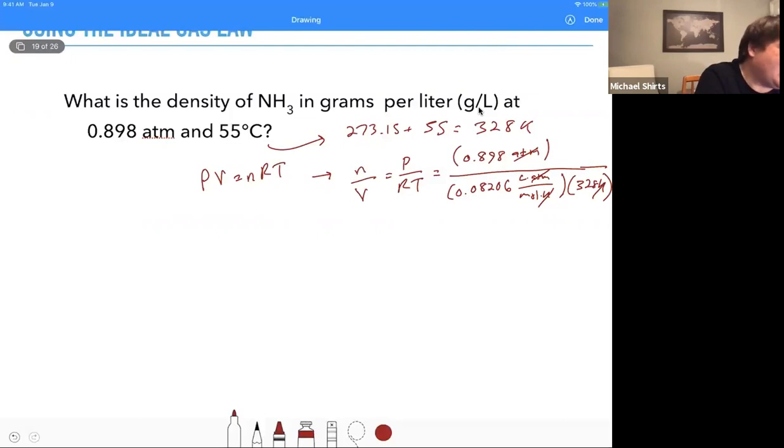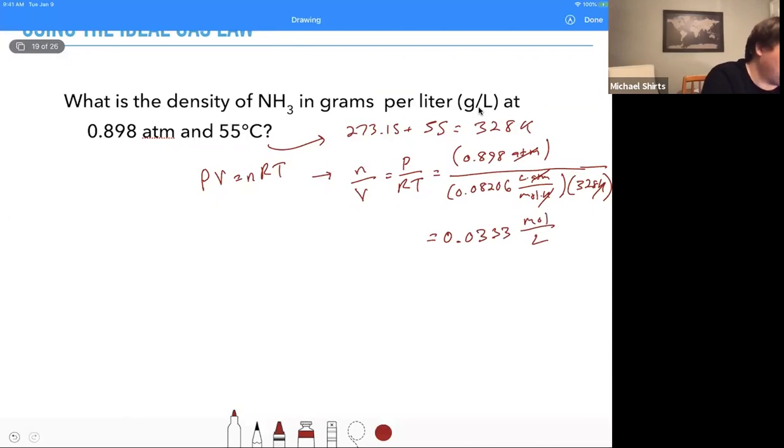So we get 0.0333 moles per liter. Liters is in the denominator, mole is in the denominator of the denominator, so it goes up to the numerator. So that is our molar density.